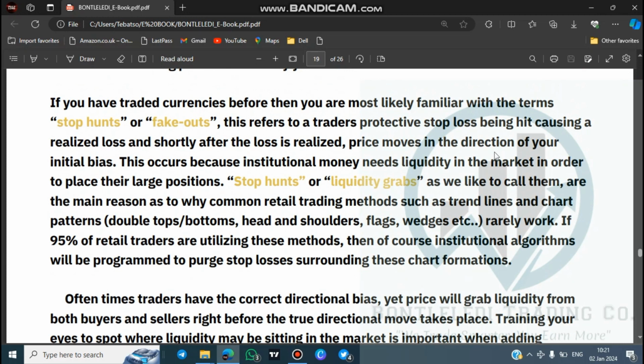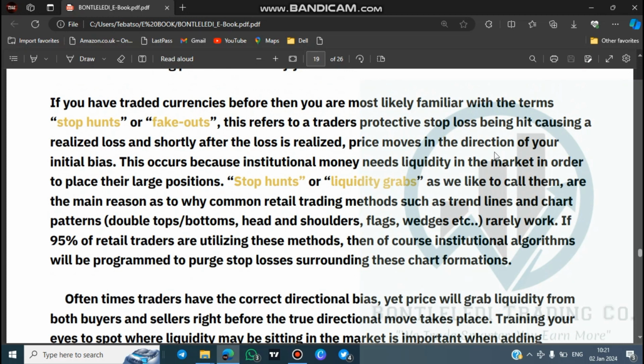Wherever they create those patterns, you just have to know where in the market the stop losses are, and that's where you need to make sure that you participate in the market. Oftentimes traders have the correct directional bias, yet the price will grab liquidity from both buyers and sellers right before the true directional move takes place.